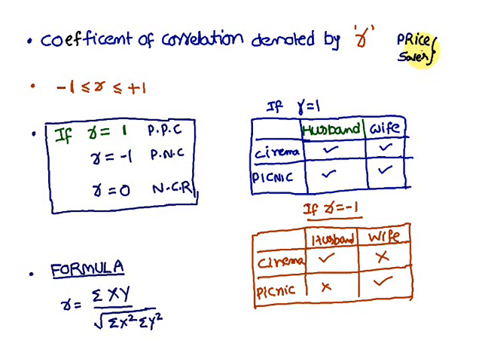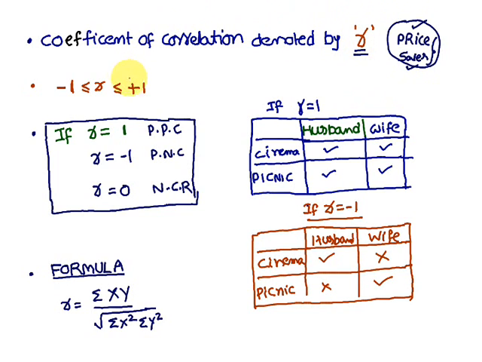So there is a measurement tool that studies this relation between the price and sales. That is called the coefficient of correlation, and it is denoted by the letter R. Using one formula we study the degree of relationship between these two variables, price and sales.